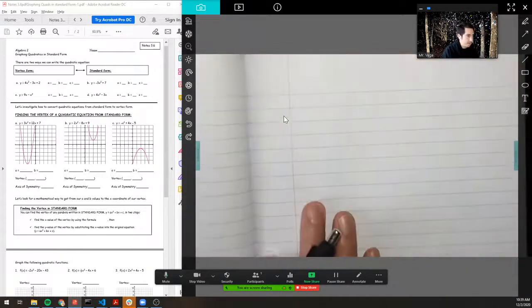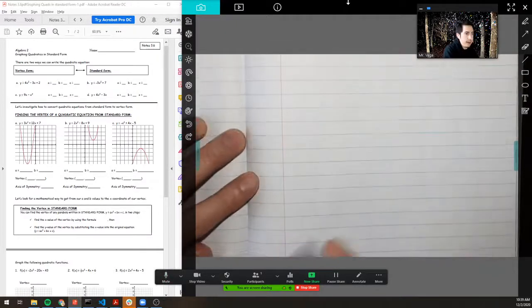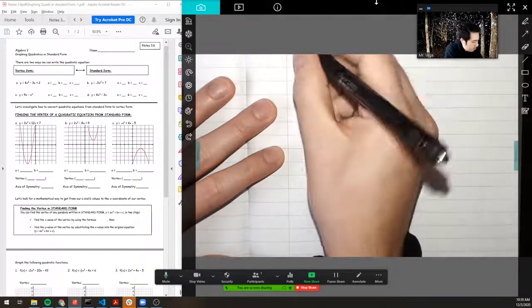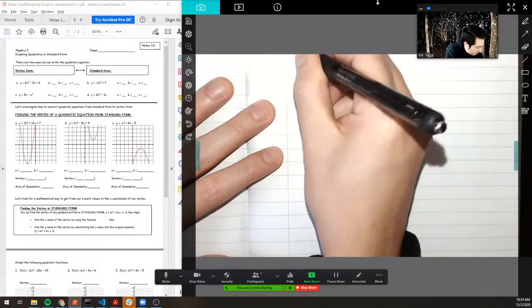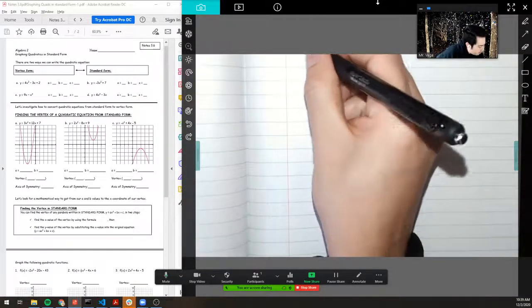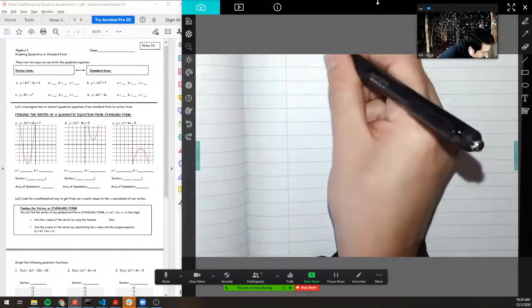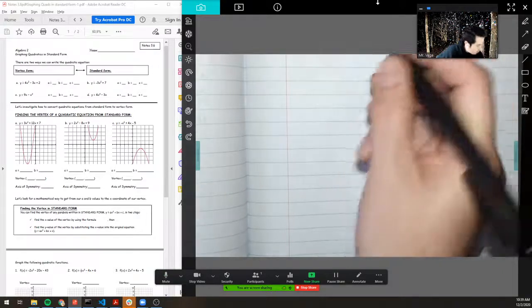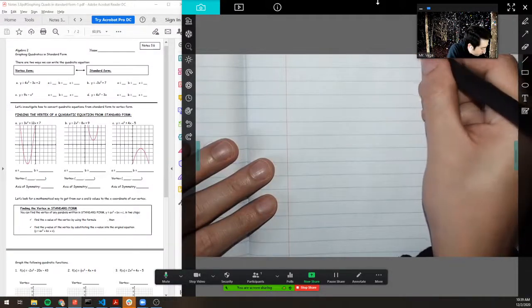All right. So we had two ways to write quadratic equations. We had the vertex form, which we learned last time. Now we're introducing the standard form.